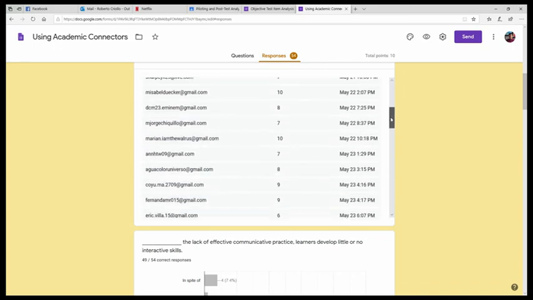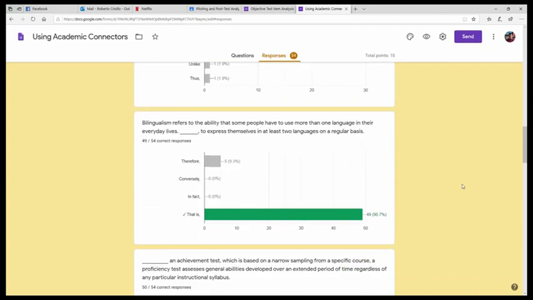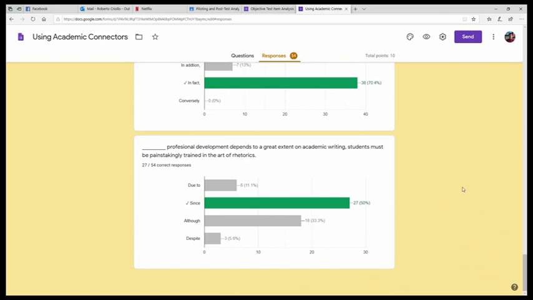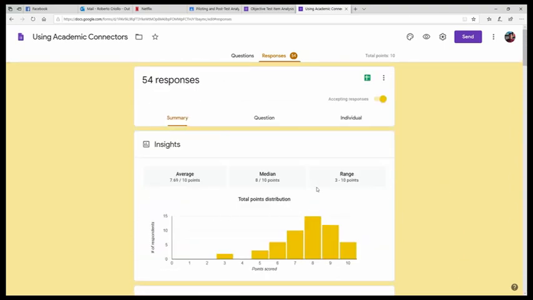Some of the responses are from you, and the other responses are from a group that I have in academic writing. So we have a summary of the results here for the different questions. We can see the distribution here of the scores.